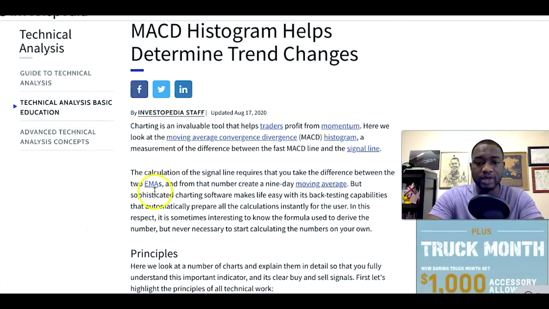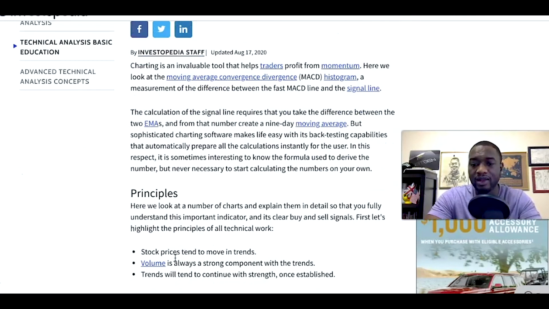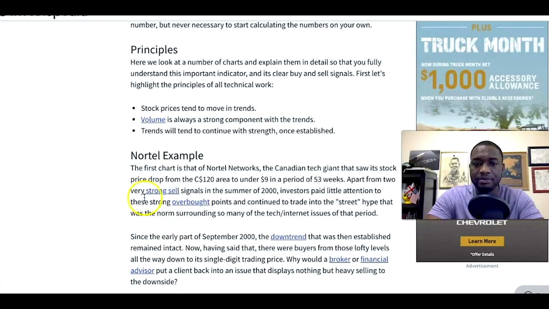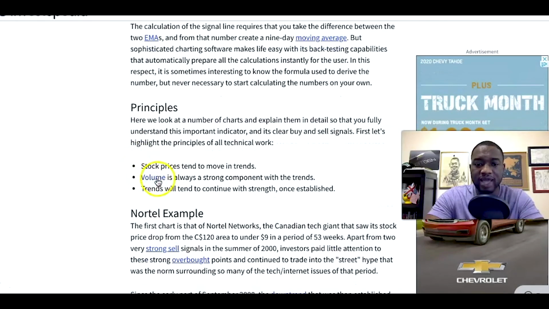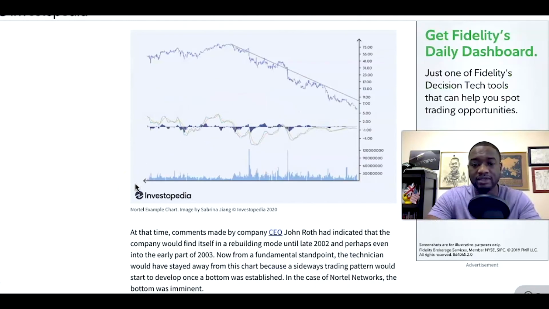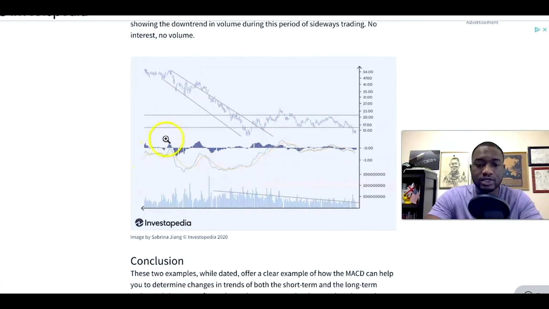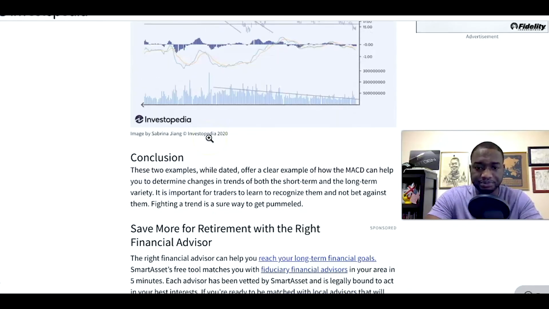They talk about EMA here, they talk about moving averages. But yeah, this is the MACD histogram. Investopedia is one of my favorite websites to go to when it comes to investing content. They basically talk about most of the things that I talk about in my trading chart videos, so you can read up on it.